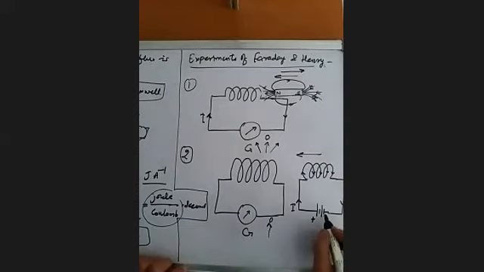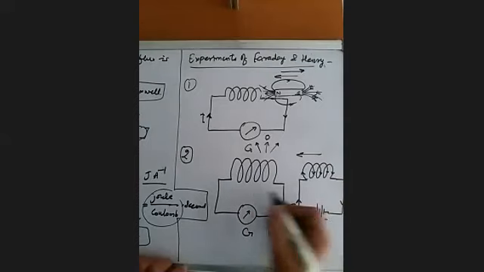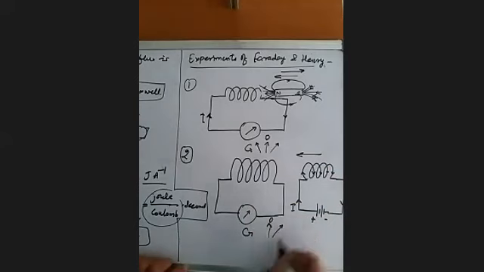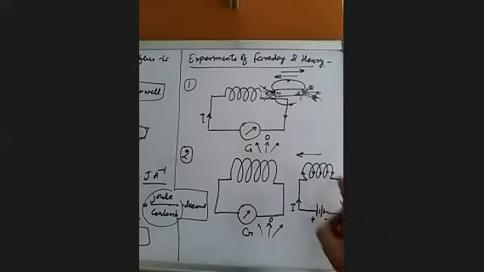When this is switched on and being brought close to it, let us say the deflection is towards the right, and when it's being brought away from it, the deflection is in the opposite direction.